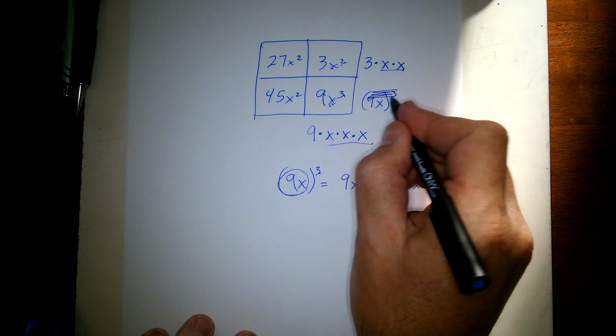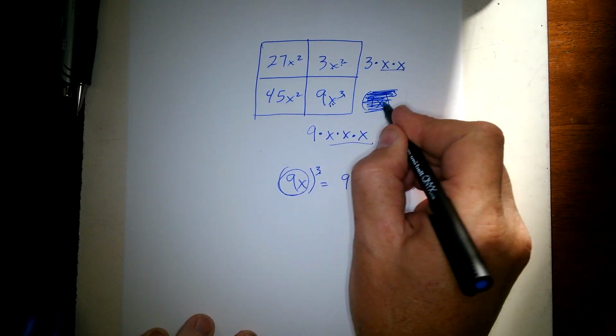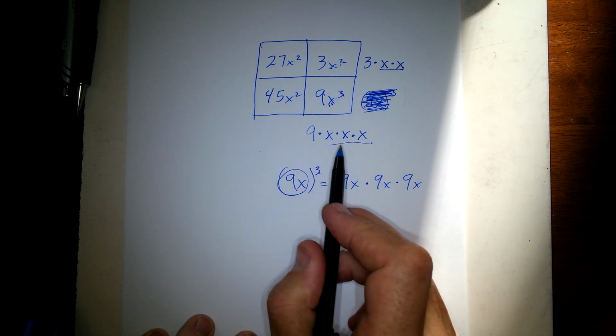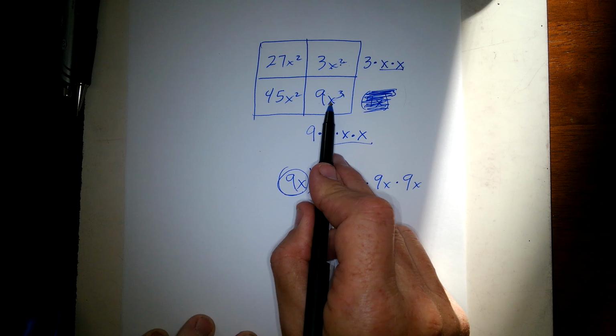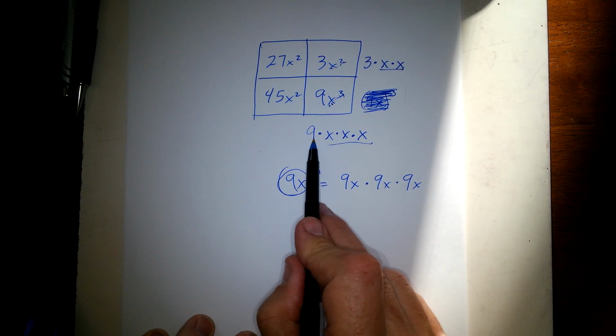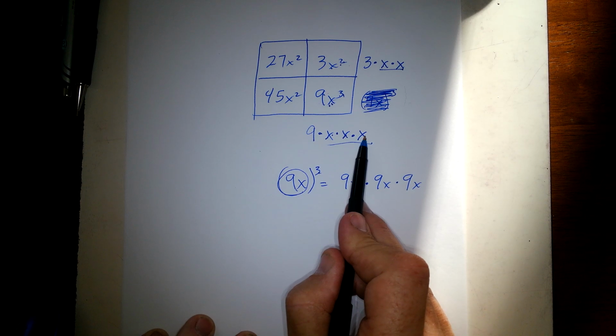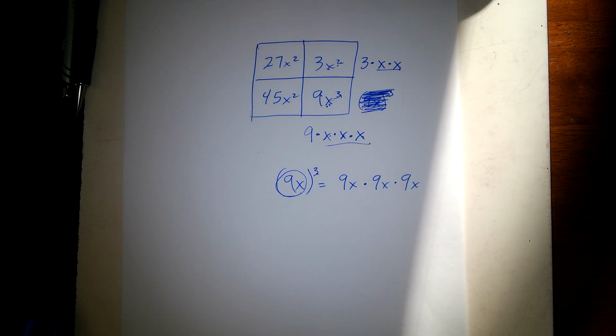Okay? So I'm going to erase that. This 9x to the third power is saying 9 times x to the third, which is 9 times x times x times x.